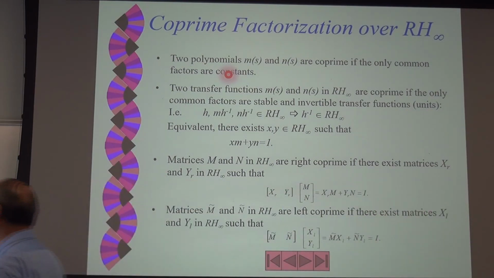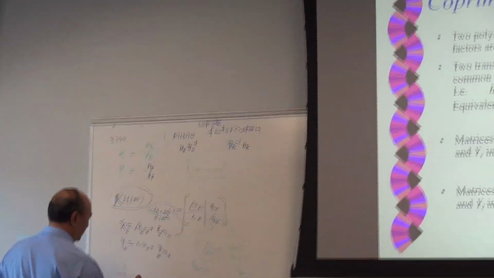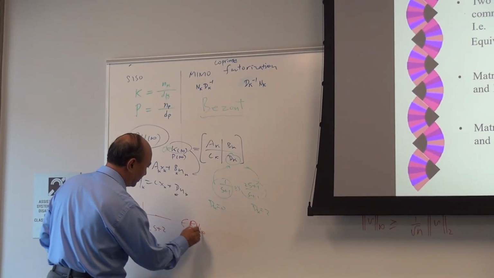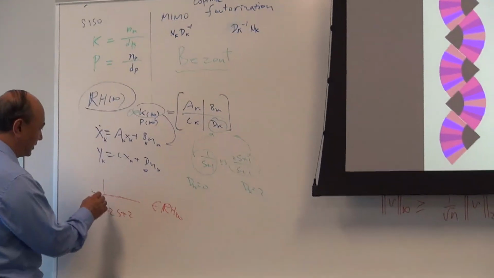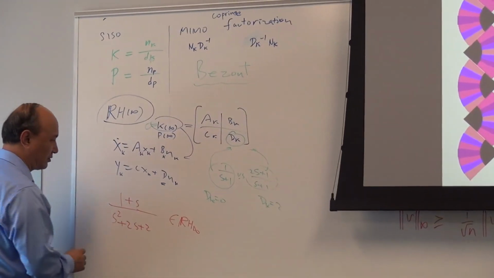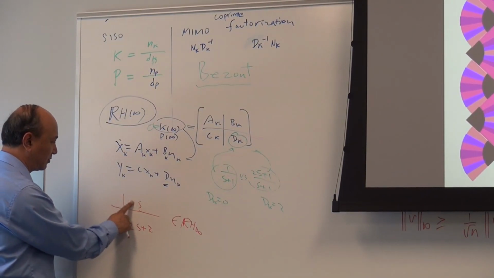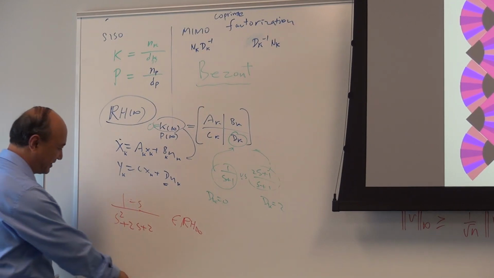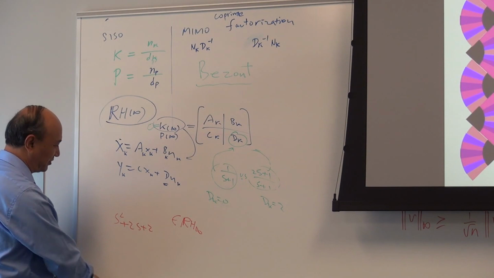Say, for example, s squared plus 2s plus 2. Is this in RH infinity? No problem. Is this minus s also? No problem.